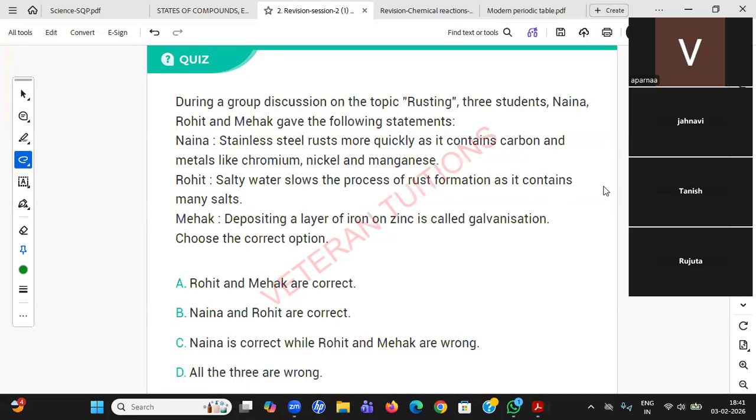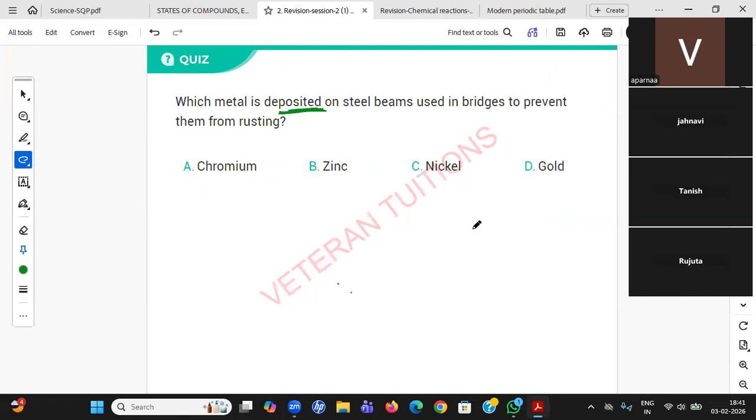Shrugal, I said chromium and nickel, you can't deposit it. You can mix with iron. Fe plus Cr plus Ni is an alloy. But he said deposit. Deposit means the topmost layer of iron should get deposited. So that is zinc, beta.